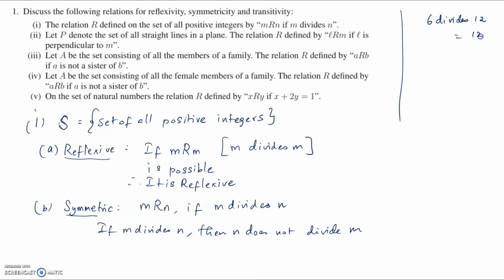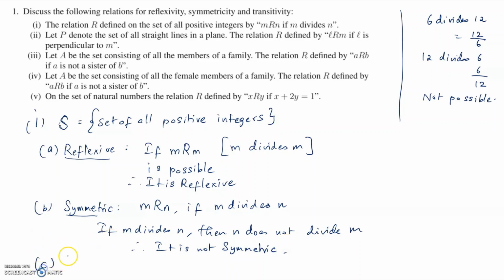This would mean 12 divided by 6 is possible. But can we say 12 divides 6? This is not possible. Therefore, we can say N does not divide M. Therefore, it is not symmetric.